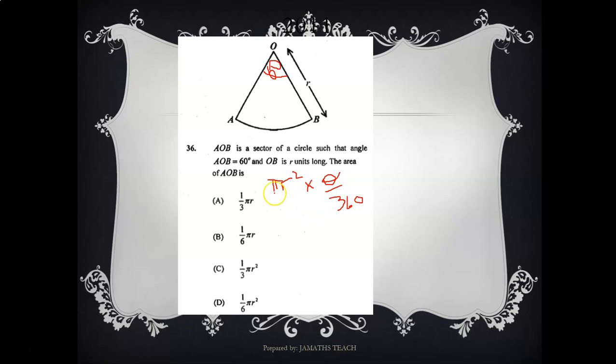So that is pi r squared times 60 over 360. When you break down 60 over 360, you get 1/6. So our answer is going to be 1/6 pi r squared. So our answer is D.